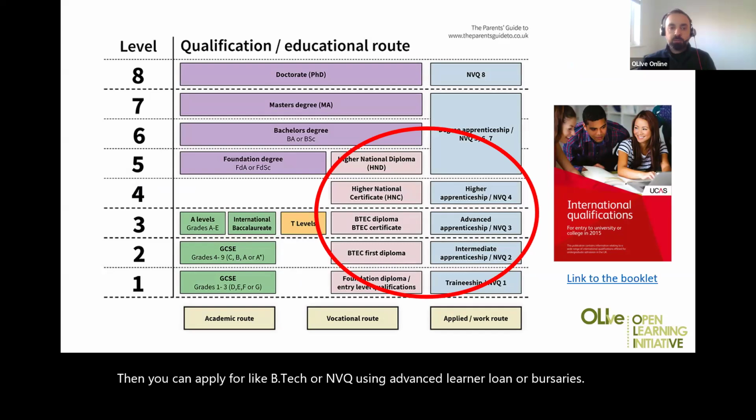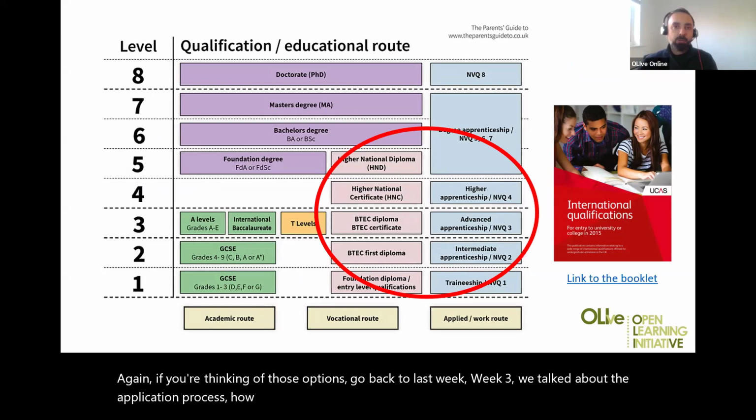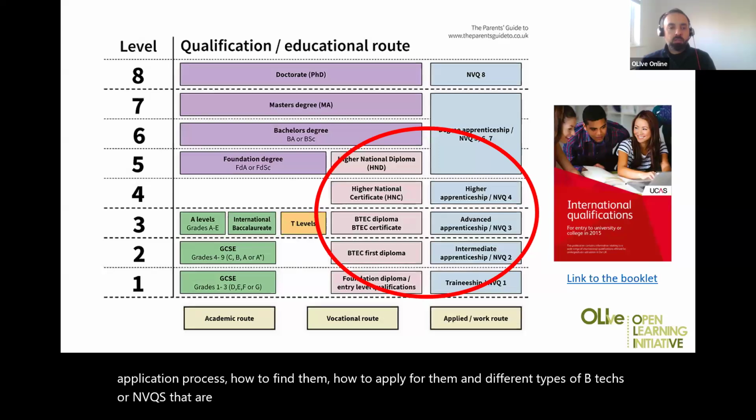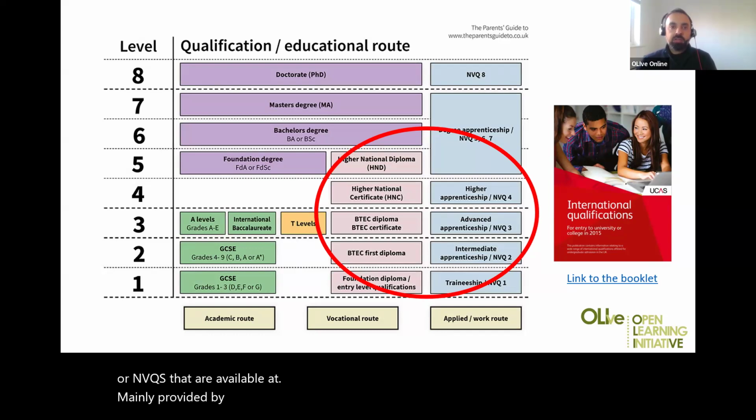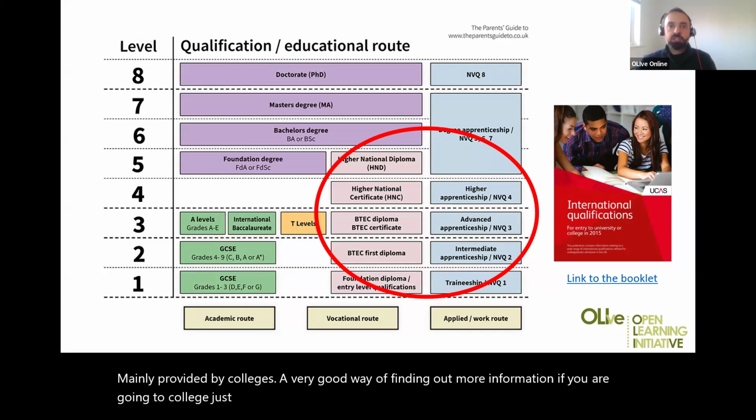Again, if you're thinking of those options, go back to last week, week 3, we talked about the application process, how to find them, how to apply for them, and different types of BTECs or NVQs that are available, mainly provided by colleges. A very good way of finding out more information, if you're going to college, just ask someone in your college if they have any BTEC or NVQ courses, and they can give you more information.